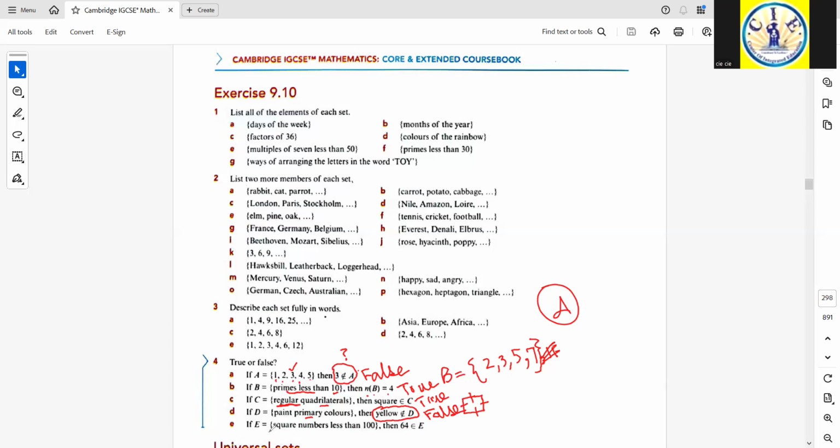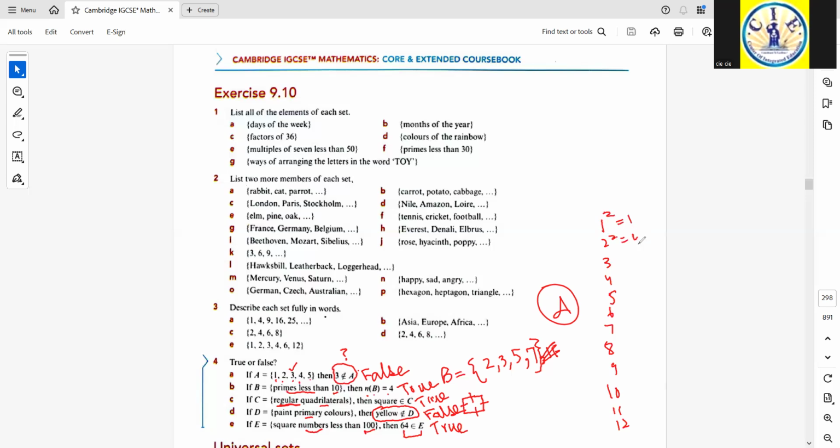Okay, for part E, E equals square numbers less than 100. Then 64 belongs to E. Yes, that is true. Let me explain it. Square numbers are, if you have counting 1, 2, 3, 4, 5, 6, 7, 8, 9, 10, 11, 12, and so on. Square of 1 is 1.